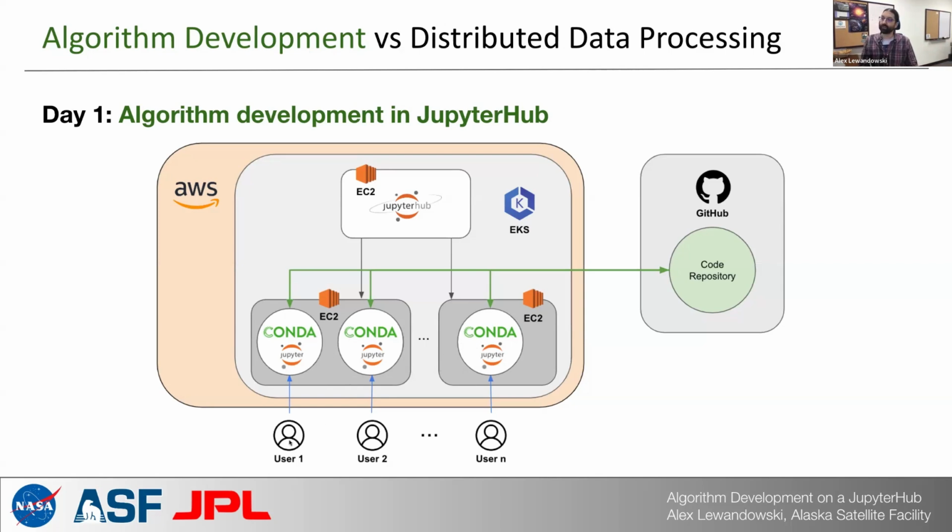So here you have multiple users. Each has their own environment. These environments are running on identical hardware. They can be running identical software environments, all shared with each other via Conda, and they are all working on a shared code base that lives in the GitHub repository, pushing code to this repository, merging their updates and pulling in updates as each member of the team makes them, and thereby developing a project together in an organized way.